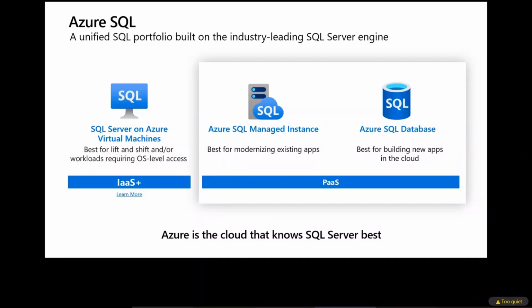Compare that to the PaaS offering, which is the managed instance and the Azure SQL database. You can bring your SQL database or your SQL instance, but you don't get access to your operating system or underlying hardware.